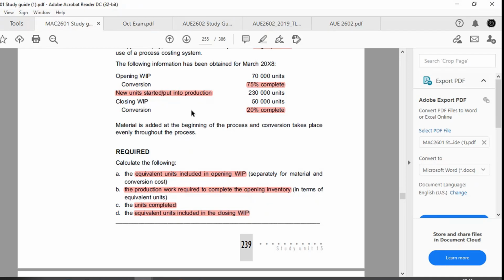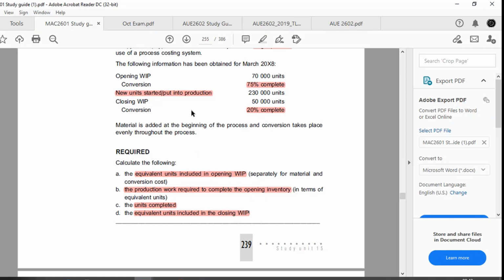I'll attempt B. With the material, like you just said, it's added at the beginning, so I don't think there's any work that needs to be done in terms of material. And then with the conversion cost, because it's 75% complete, we'll take the difference, which is 25%, and then we multiply it by the 70,000 units.